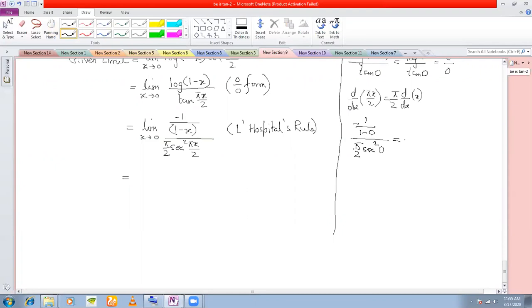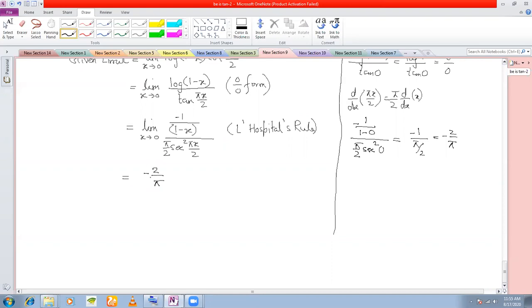Okay, which is what? This is minus 1 divided by pi by 2, which is minus 2 by pi, isn't it? Which is the determinate form. So therefore, this is minus 2 by pi. Okay, in this we just had to apply L'Hospital rule once.